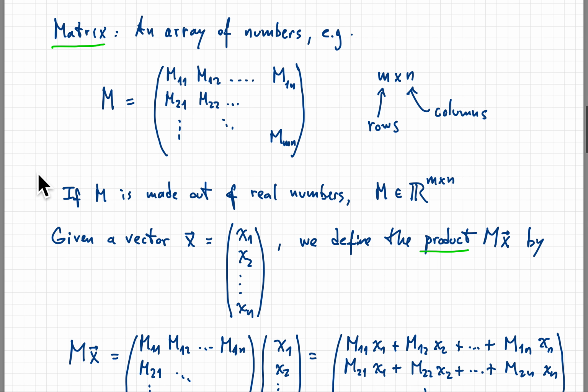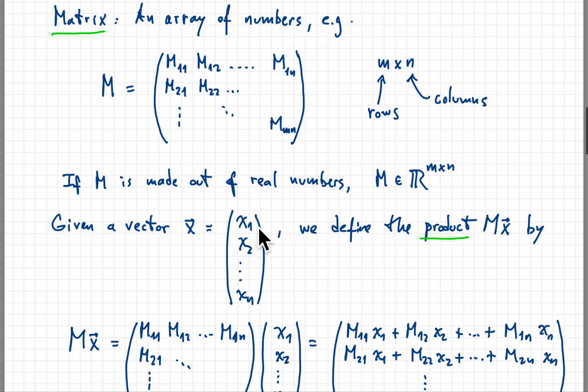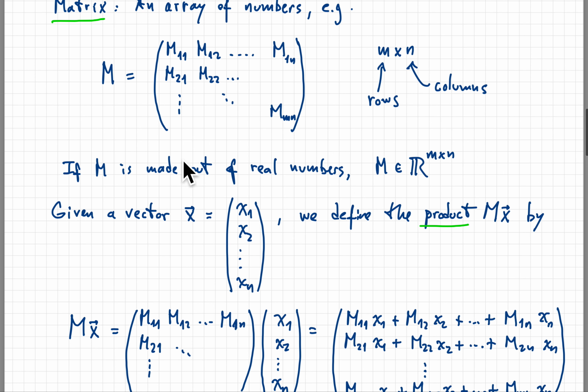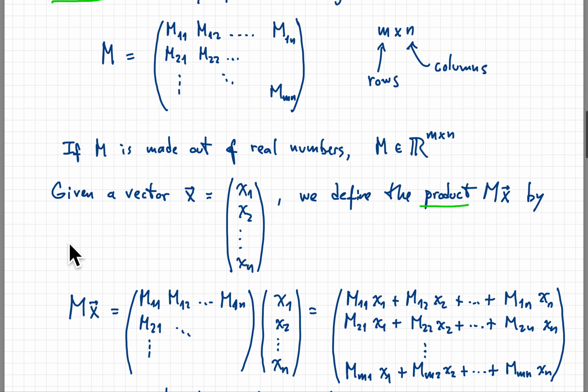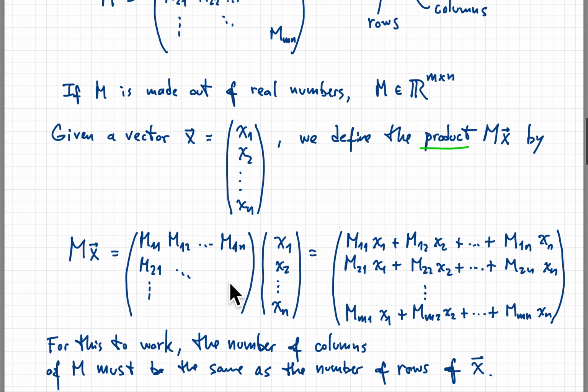Now, given a vector of size n, so n rows, here we define the product of a matrix like this one by this vector in this way. We set them next to each other as you do with the product, but then the result is calculated in the following way. We take each of the elements in a row and we multiply them one by one by the column of the vector, and we sum them all up.